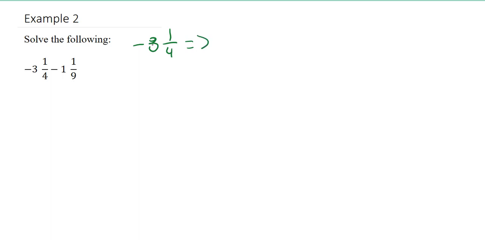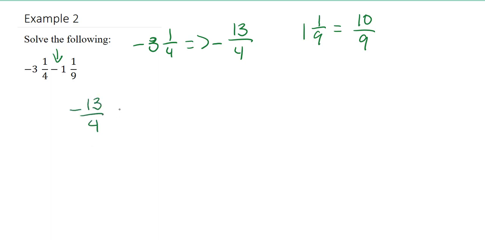So 4 times 3 is 12, plus 1 is 13, and that's negative. Really, this is also negative, but we'll just remember that, we're not going to count it right now. So 1 1/9: 9 times 1 is 9, plus 1 is 10. So what we have is negative 13 over 4 minus 10 over 9.